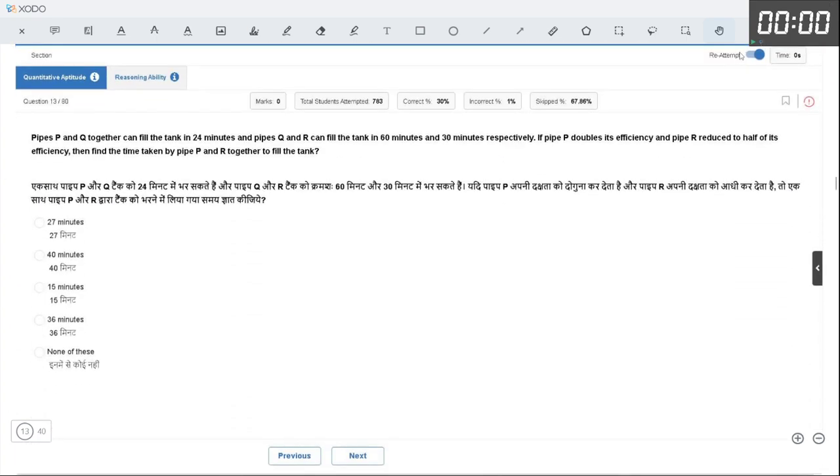This is a pipes and cisterns problem. See, pipes P, Q and R can fill the tank in 24 minutes, 60 minutes and 30 minutes respectively. So we have to find the efficiencies first. Take the common multiple of 24, 60, 30: 120.